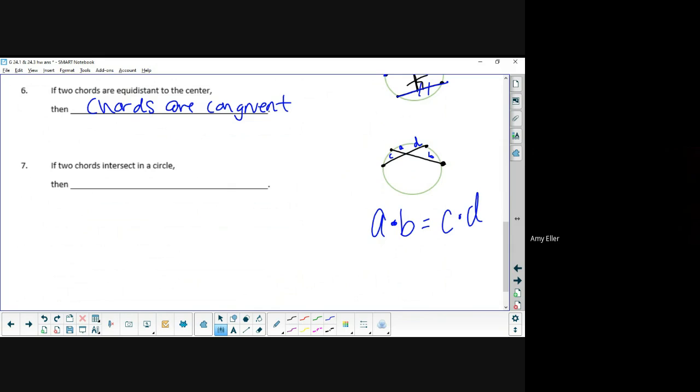Let's go ahead and write that. So then, it's going to be a little wordy.